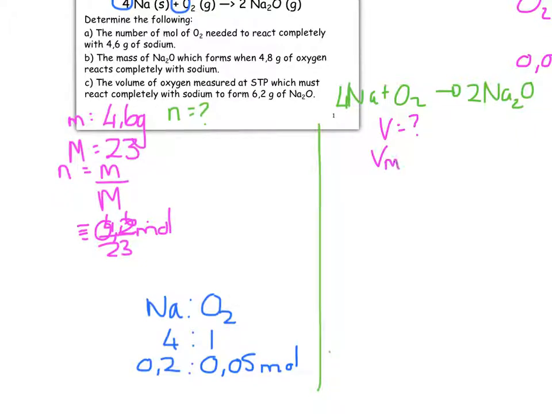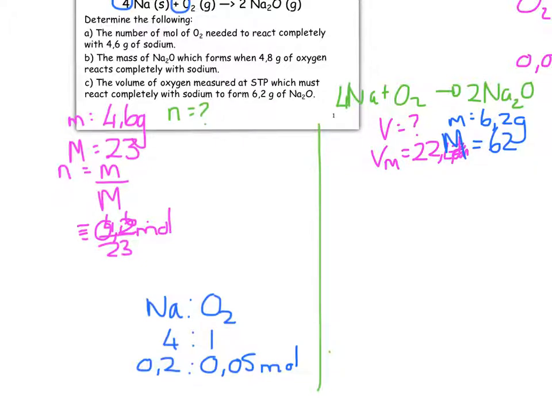The minute I'm working with volumes at STP, I look at molar volume being 22,4 decimeters cubed per mole. Anyway, don't worry about the unit right there. 22,4 is all right. And I've got a mass of 6,2 grams of sodium oxide. The molar mass of sodium oxide, we just worked that out a minute ago, and it was, I think, 62 if I'm not mistaken.